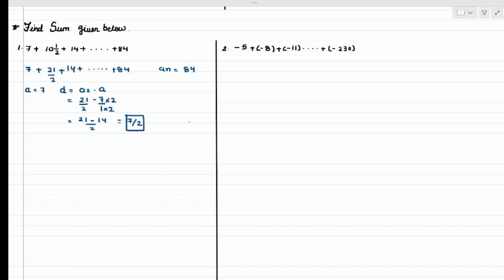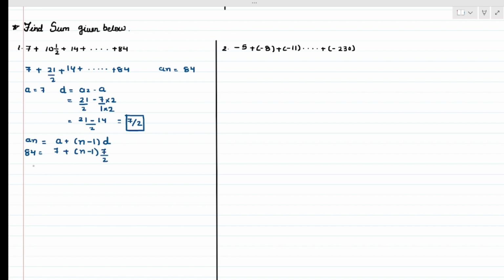As I know my AN, from AN can I know my N? Yes, for sure. So write the formula for AN. AN is equal to A plus N minus 1 D. What is my AN? My AN is 84 is equal to, what is my A? My A is 7 plus, and I don't know N minus 1. What is my D? My D is 7 upon 2.